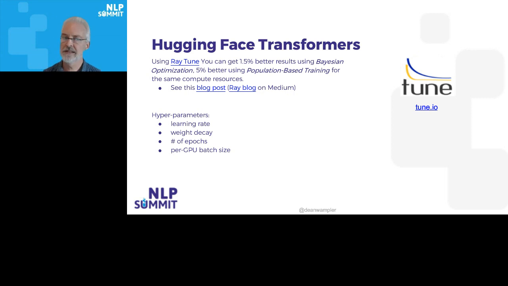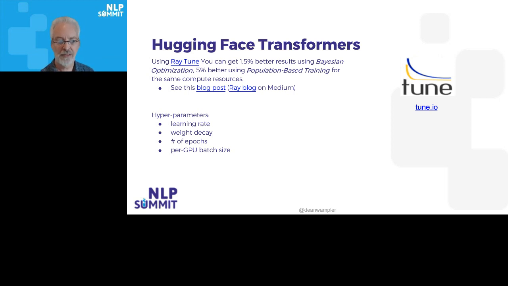But it also builds in some of the state-of-the-art algorithms for optimizing that process, like Bayesian optimization and population-based training, which allow you, with the same set of compute resources compared to a naive grid search over hyperparameters, to get better results, like 5% better in this particular example in this blog post, just using population-based training rather than a naive grid search.